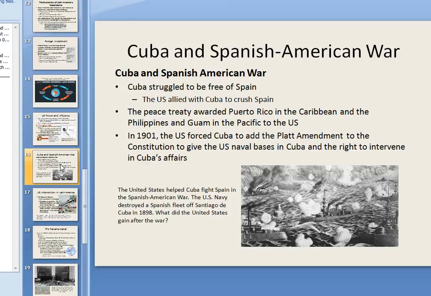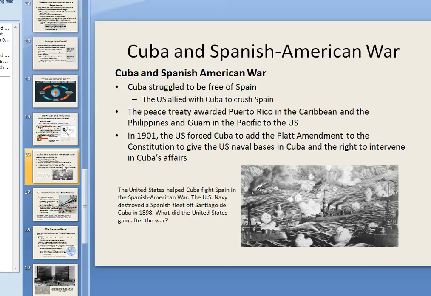Cuba and the Spanish-American War. Cuba struggled to be free of Spain, and the U.S. allied with Cuba to crush Spain. The peace treaty that occurred after the Spanish-American War awarded Puerto Rico in the Caribbean and the Philippines and Guam in the Pacific Ocean to the U.S. And then in 1901, the U.S. forced Cuba to add the Platt Amendment to the Constitution, which basically gave the U.S. naval bases in Cuba and the right to intervene in Cuba's affairs when the United States felt it was necessary.